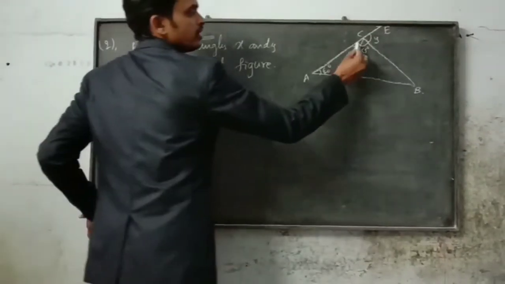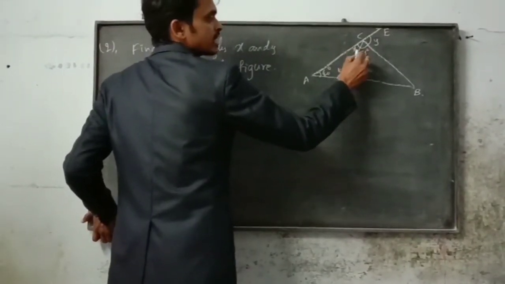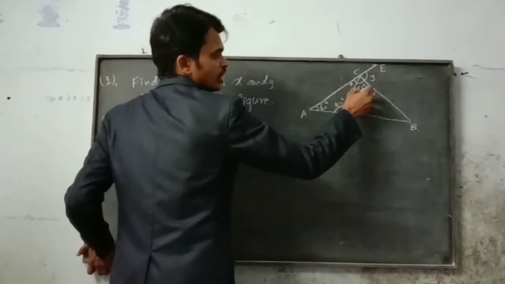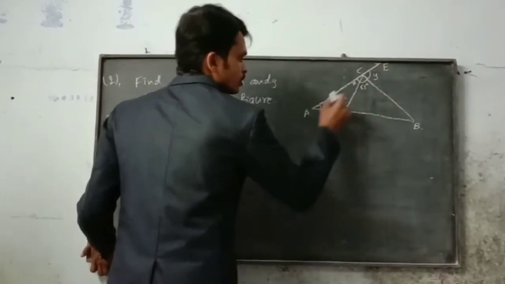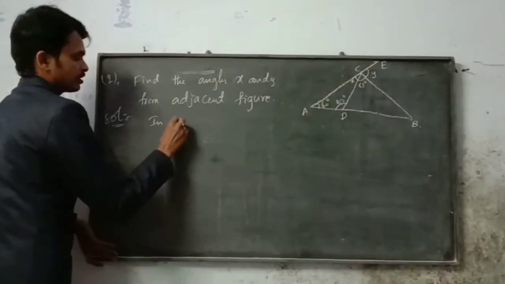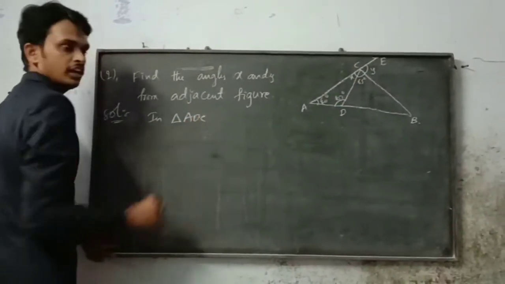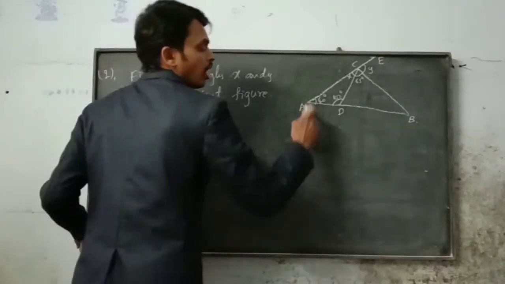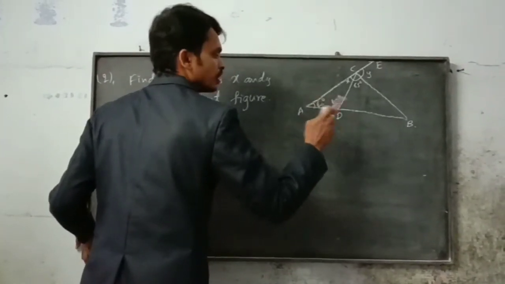First we have to find the angle x. Using this angle x value and 65 degrees, we can find the angle y value. So now in triangle ADC, the sum of three angles is equal to 180 degrees.